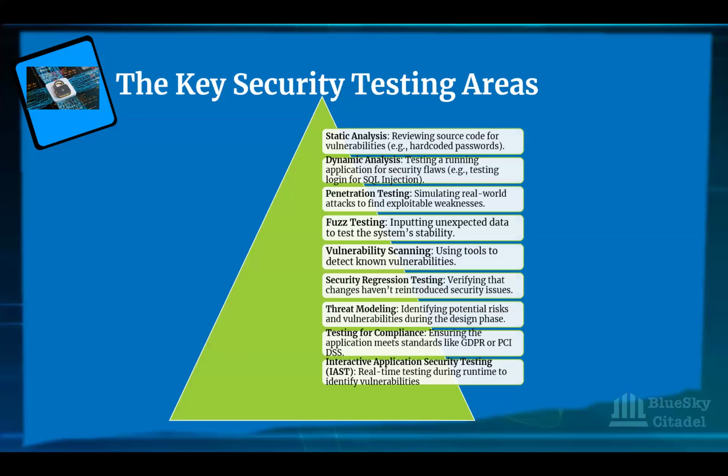Anything that introduces a change to an application, it is important that you as a security tester test the change and do regression testing. What regression testing does is to verify that these changes have not reintroduced security issues. So it's the same concept as functional regression testing.